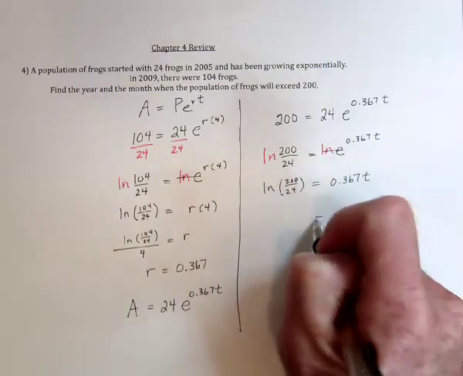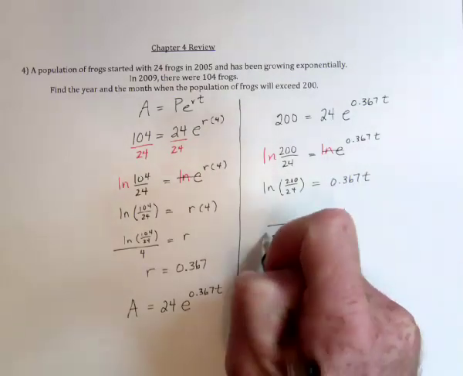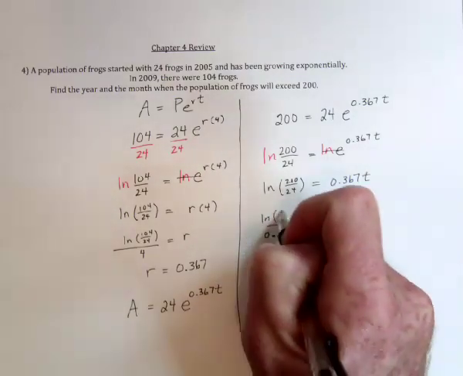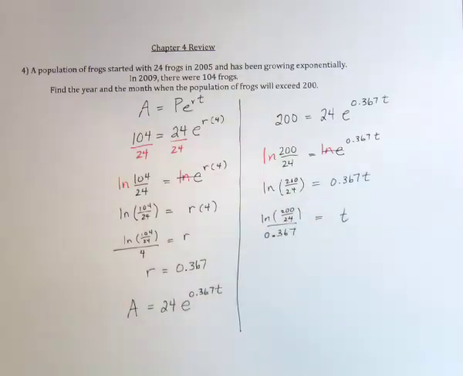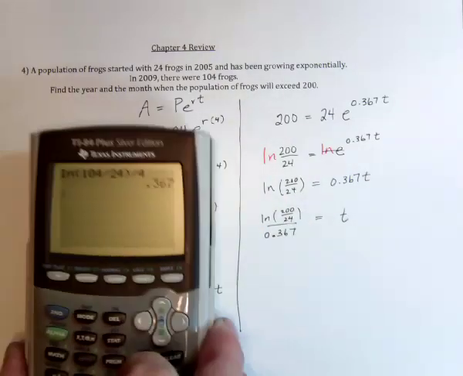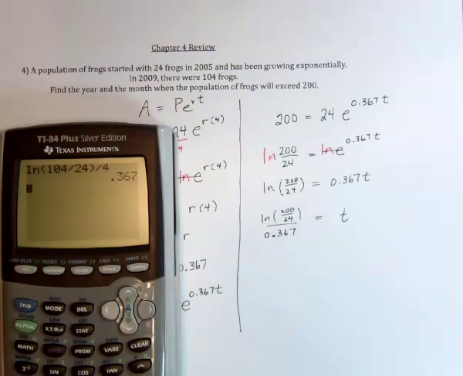And now divide both sides by the 0.367, and then we'll have the time. So the natural log of 200 divided by 24, close the parentheses, and divide by 0.367.